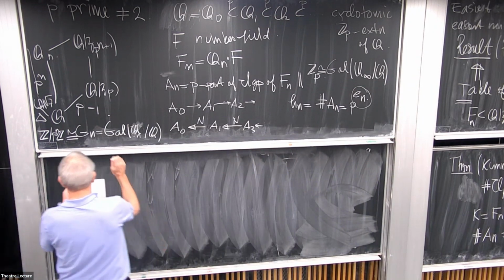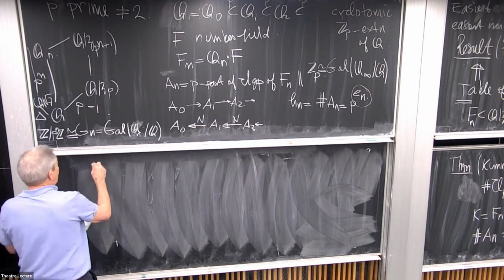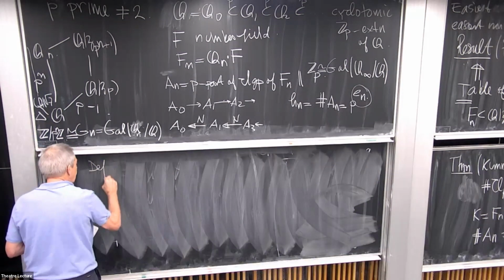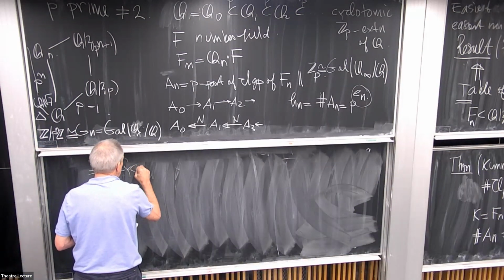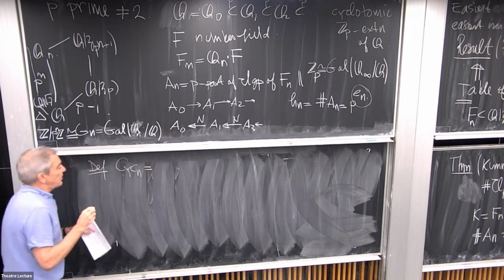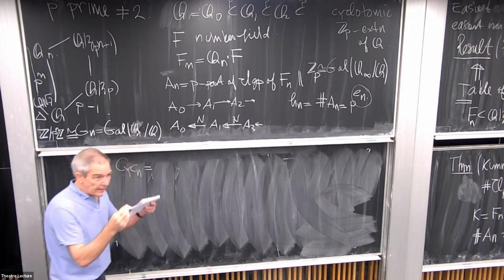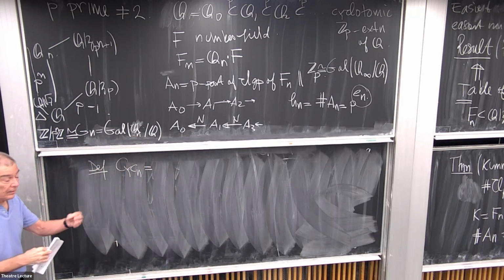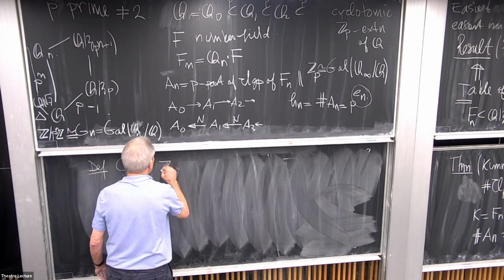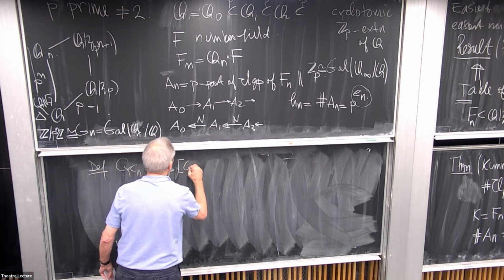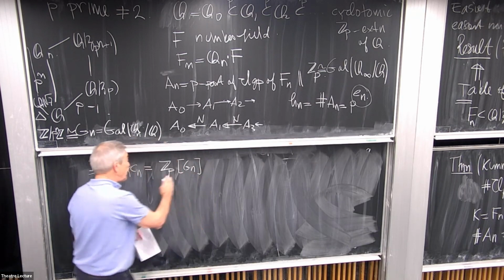So if I define the cyclotomic units, this is generated by eta n, but generated over a group ring. And the group ring is Z_p[G_n]. So these are the p-adics.